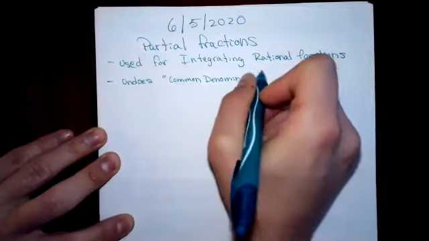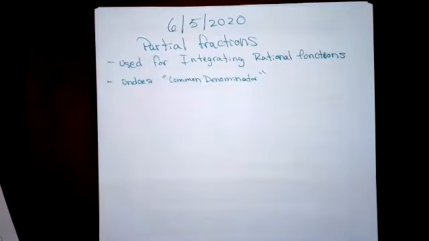So it's a common technique, right? Whenever we're adding or subtracting rational functions, you find a common denominator, then you stick them together, and then you often have to do some sort of algebra to simplify them.